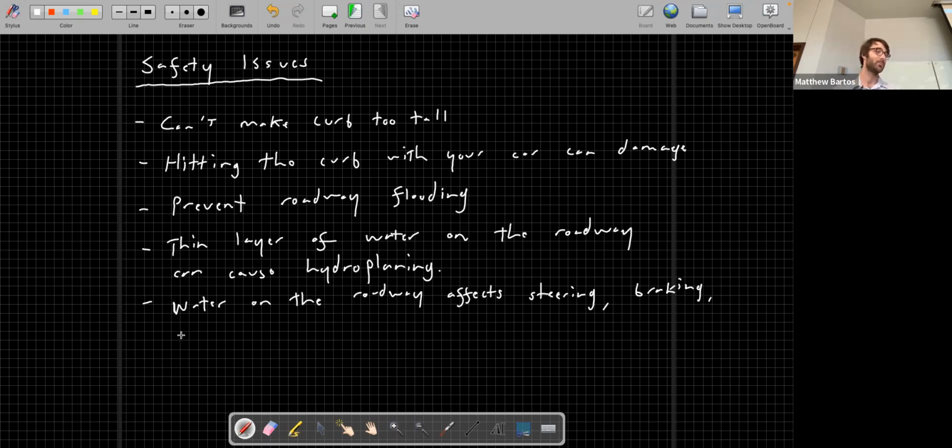And it also affects visibility. If there's too much water on the roadway, that can obscure lane markers, for instance. It can also get kicked up by vehicles, which can reduce the visibility of the trailing vehicle. So it's important to make sure that there's not water on the roadway, even if it's just a little bit.